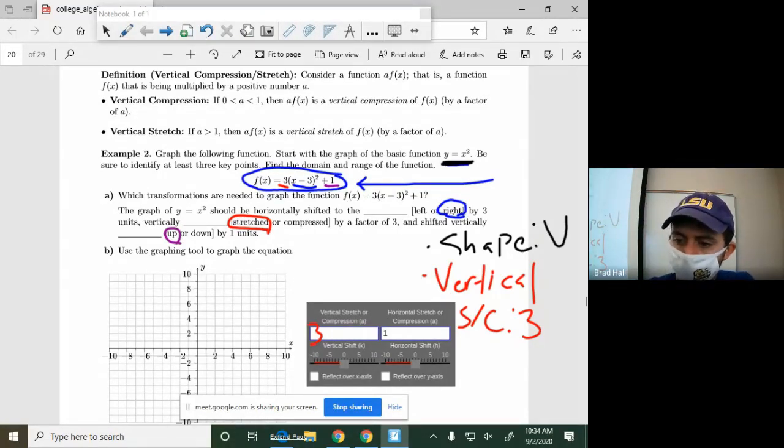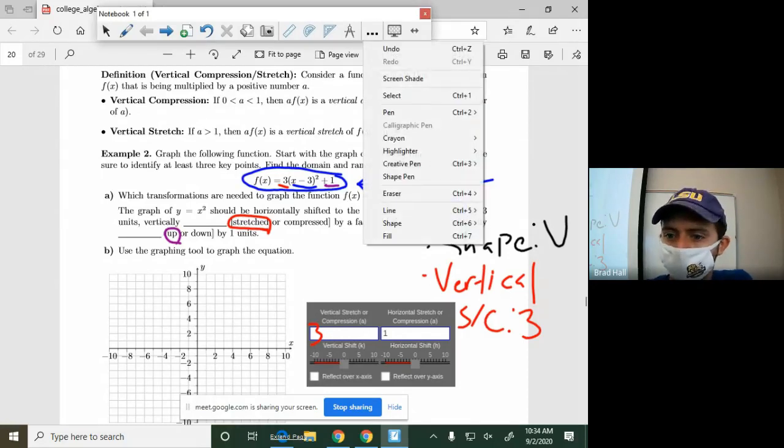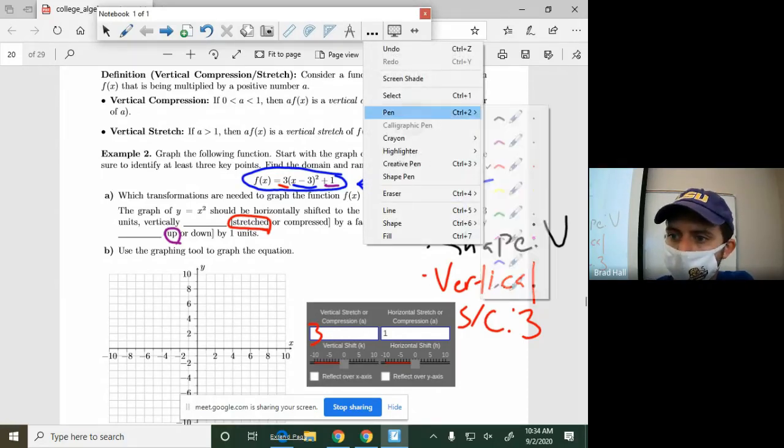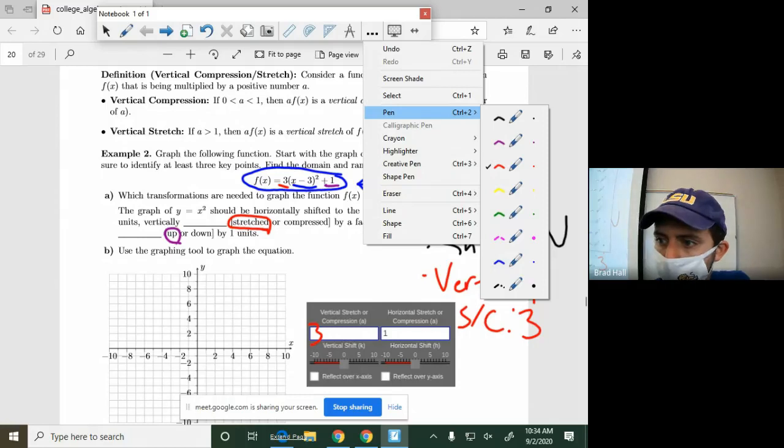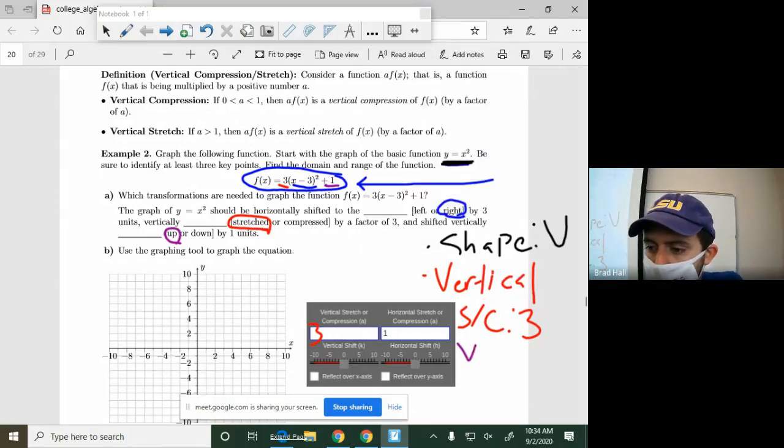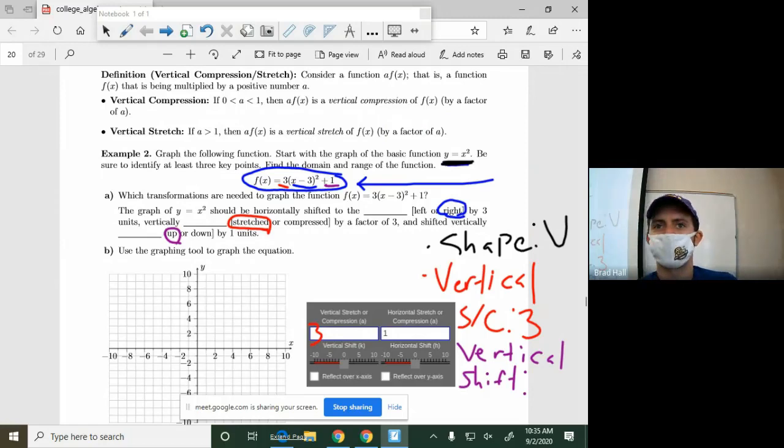So the next one I see is the vertical shift, which I used purple. So the vertical shift, that refers to how much up or down we go. We determine it goes up once, so 1.